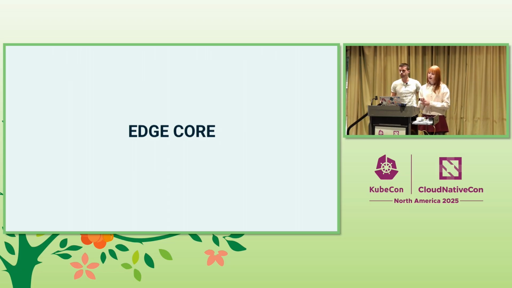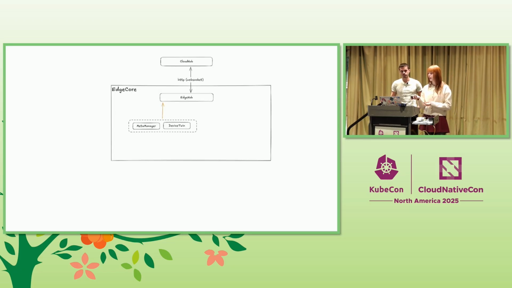Now let's look at the Edge core, which is running on your Edge nodes. The Edge core has an Edge hub as well. So this is the counterpart to the Cloud Hub, and it is basically the link from the Edge to the cloud.